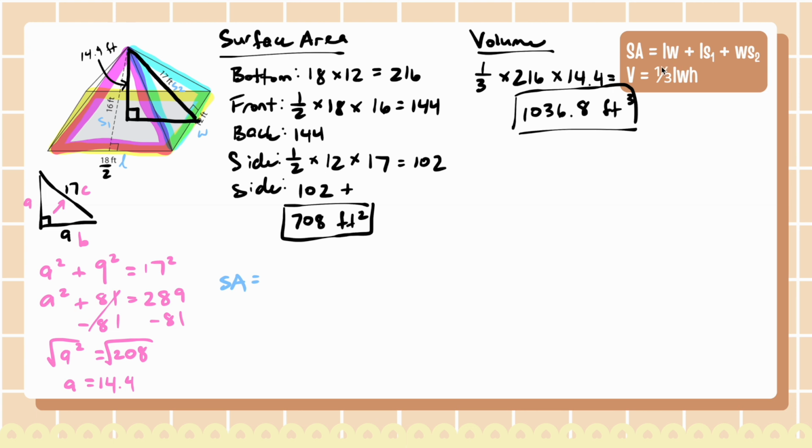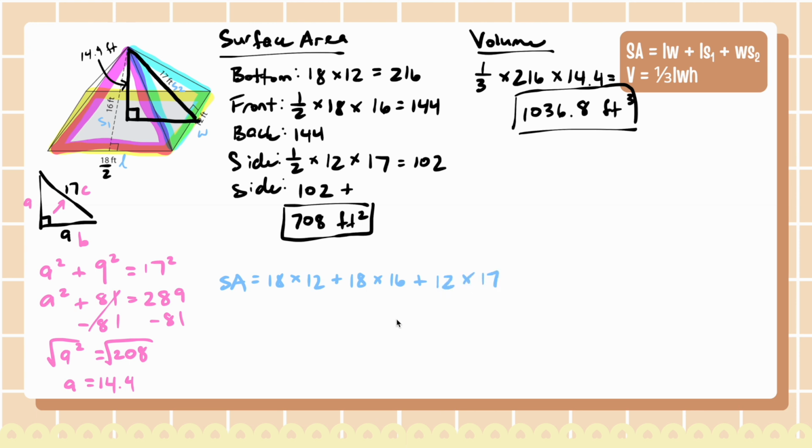So we're starting with length times width. So that's 18 times 12, plus length times S1. So that's going to be 18 times 16. And then add that to width times S2. So that's going to be 12 times 17.